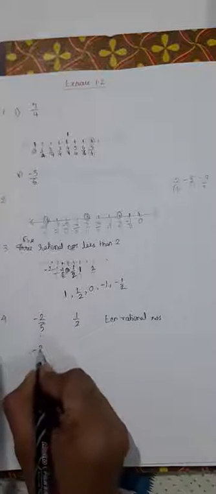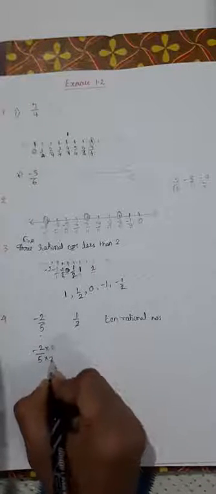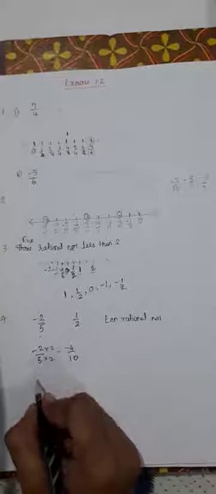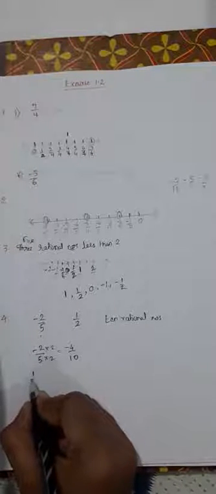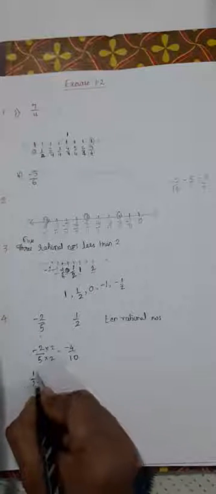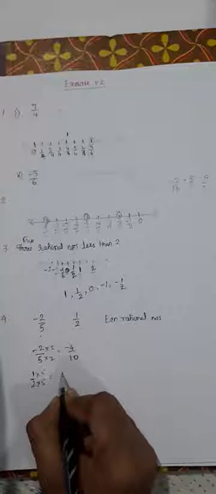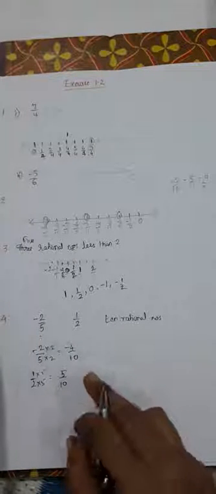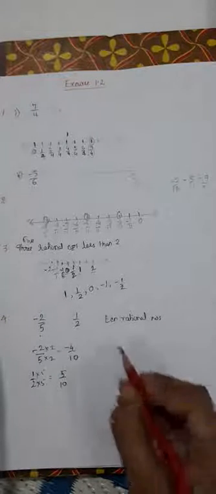Minus 2 by 5 multiplied by 2 is minus 4 by 10. And 1 by 2 multiplied by 5 is 5 by 10. Now you can write 10 rational numbers between minus 4 by 10 and 5 by 10.